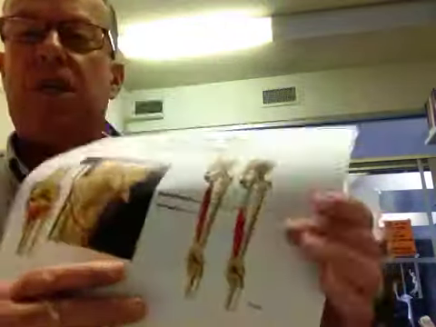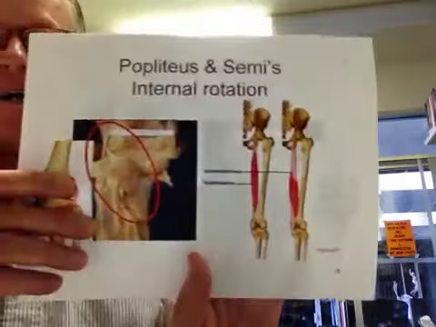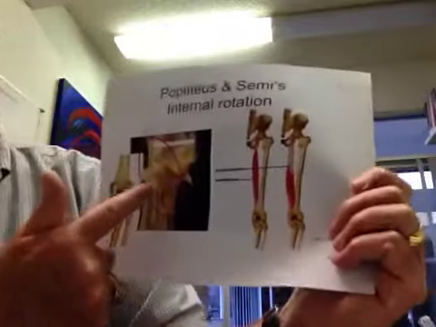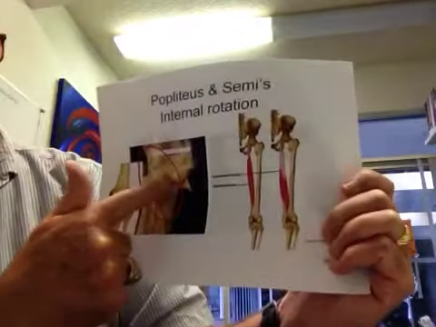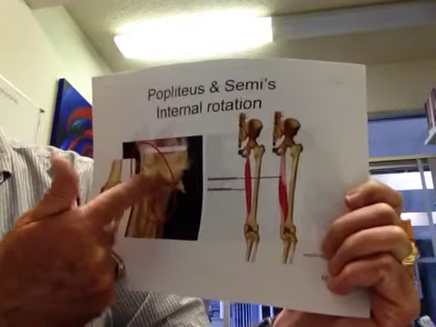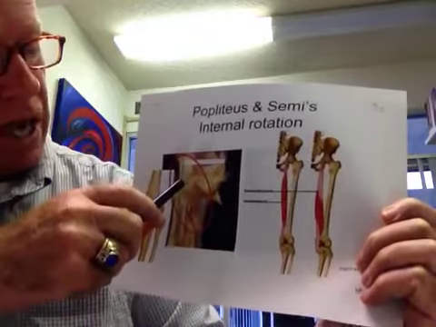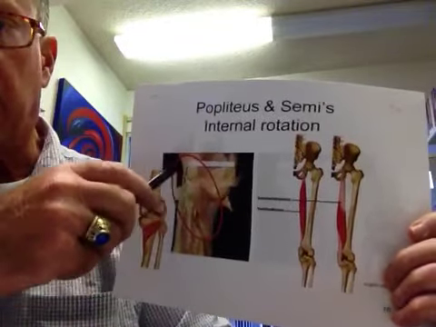And then posterior deep is the upside down muscle, the popliteus. Appreciate the fact that in the cadaver we see the popliteal fossa. This is medially situated, and its tendon moves superiorly and under the cover of the lateral collateral ligament.